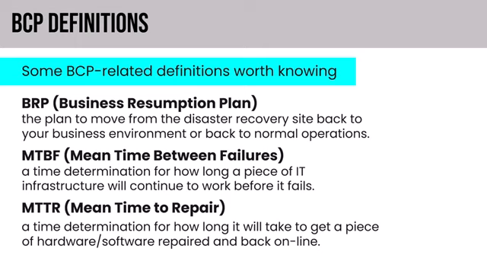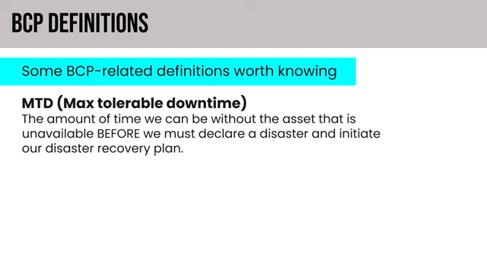Mean time to repair, or sometimes mean time to recovery, a time determination for how long it will take to get a piece of hardware or software repaired and back online. Max tolerable downtime, the amount of time we can be without the asset that is unavailable before we must declare a disaster and initiate our disaster recovery plan.